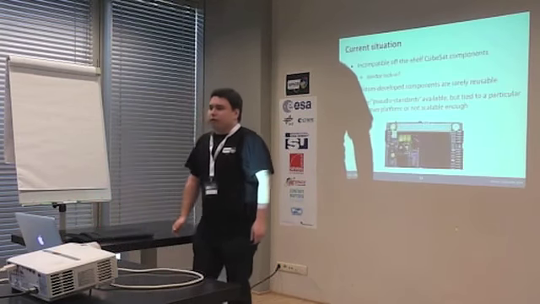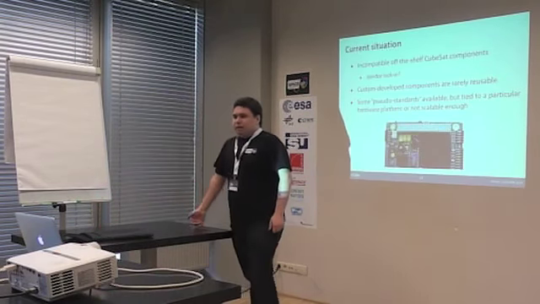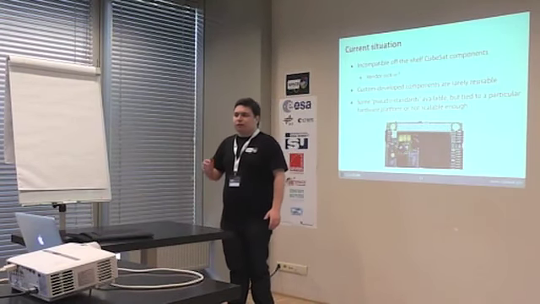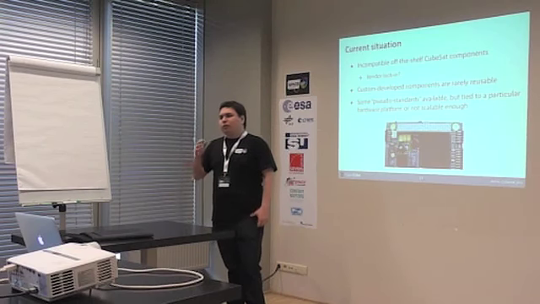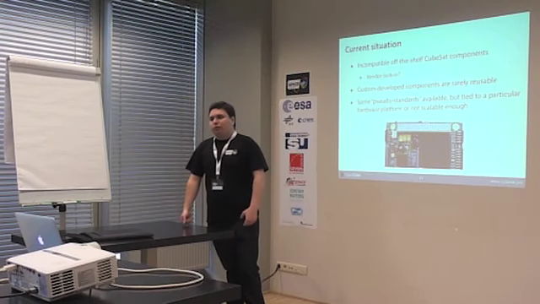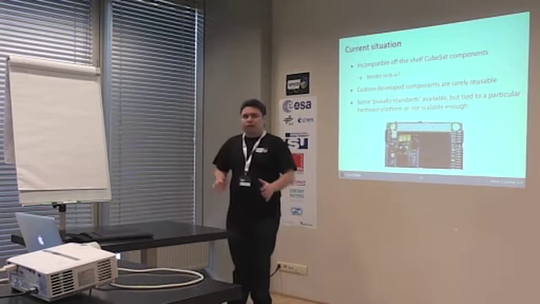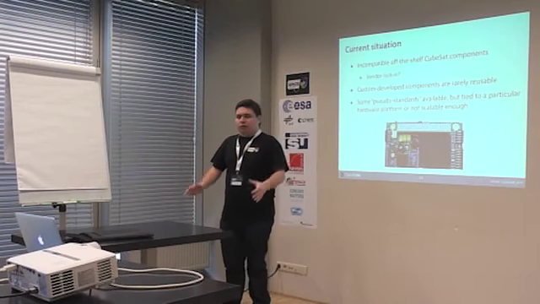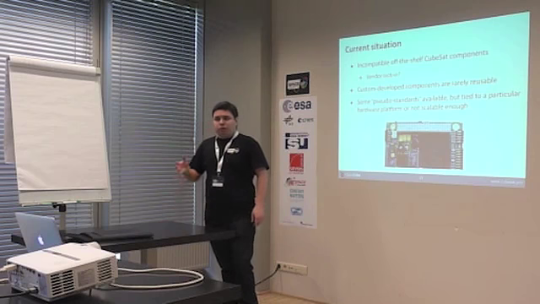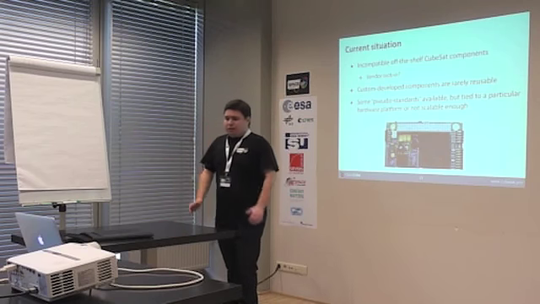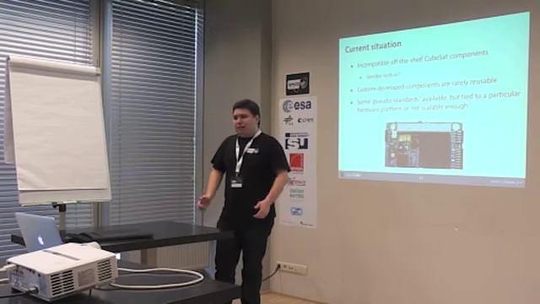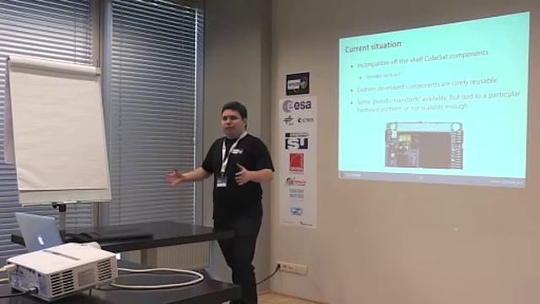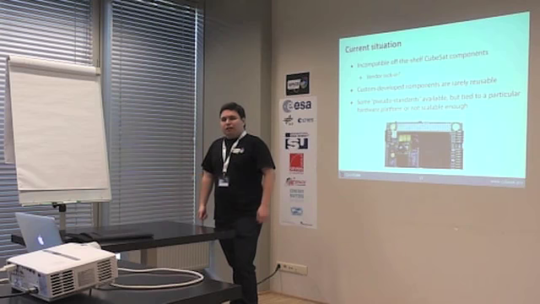What's the current situation? There are all these companies selling off-the-shelf CubeSat components. You maybe heard about the CubeSat Shop. It all looks very nice. You can buy a complete attitude control system, a complete onboard computer. But the point is that they are incompatible. You basically can't buy components from two companies and assemble them, and that's a problem.